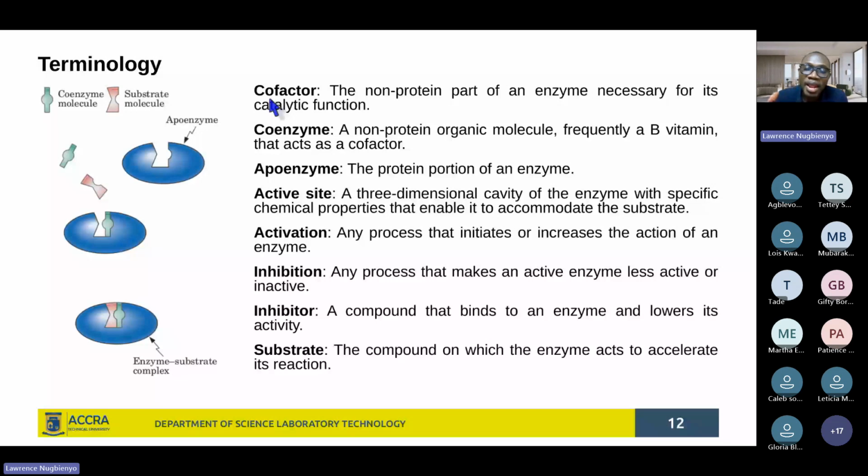Then we have coenzymes. Coenzymes are also non-protein parts of the enzyme, but these are organic molecules. They are not metal ions. Well, in some biochemistry books, cofactor and coenzyme are used interchangeably, but in some, they are actually distinguished.